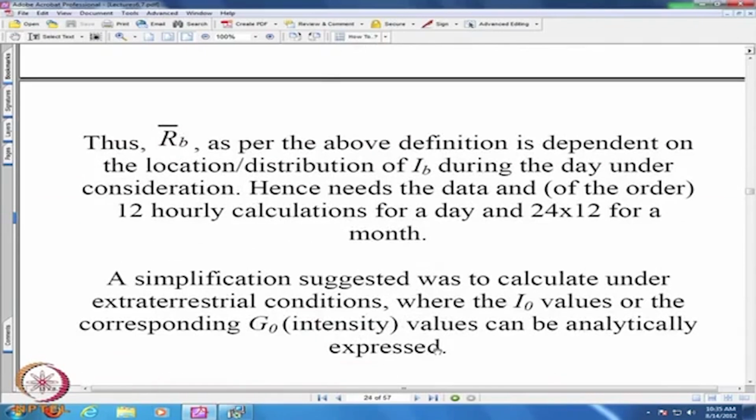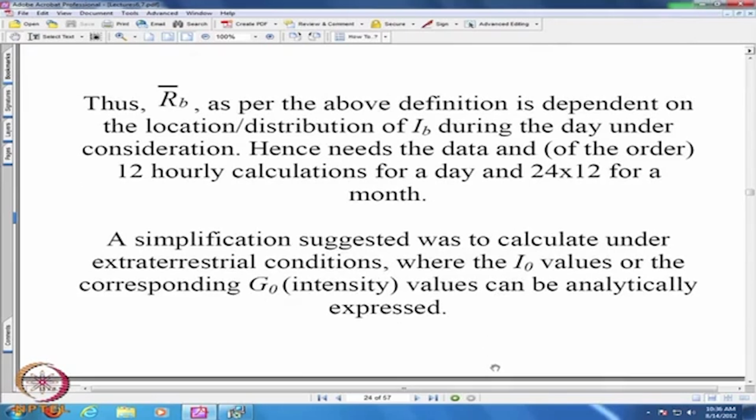So, the spirit of directly extending the hourly type of calculation to a day is not satisfied, even though you can calculate the diffuse component and the ground reflected component as a single calculation. This direct component has to be done as 12 calculations, and if you want for a month, it is approximately 12 into 24 calculations.